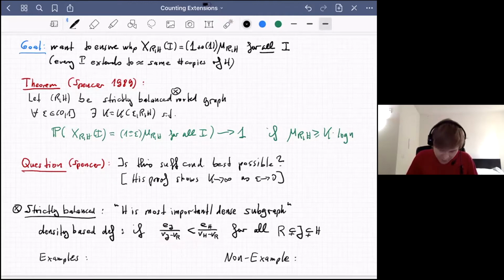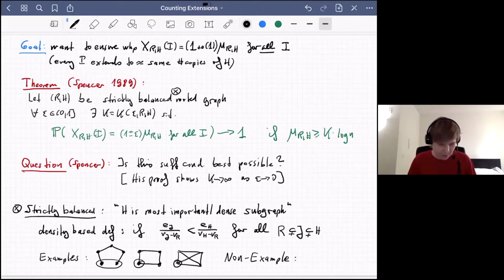We have seen some examples. Let me maybe draw a few more. If we take any path and we root it down here, this will be strictly balanced. Same if we do this for cycles, rooted at one vertex. If we root a clique at one vertex, it will be strictly balanced, and so on and so forth. So the question is now, what does a non-example look like, something that's not strictly balanced?